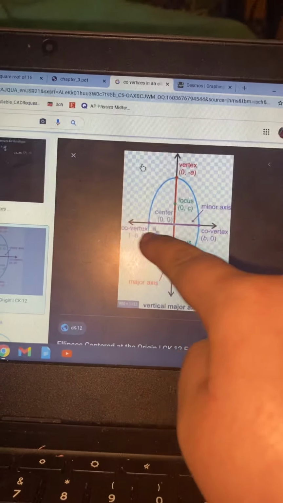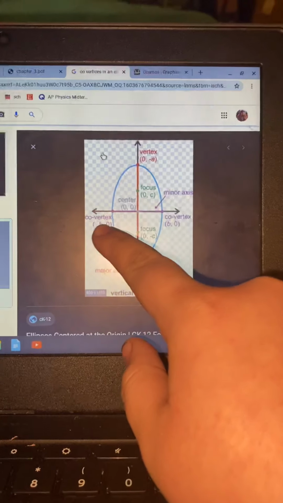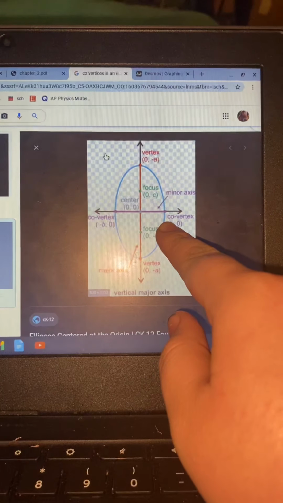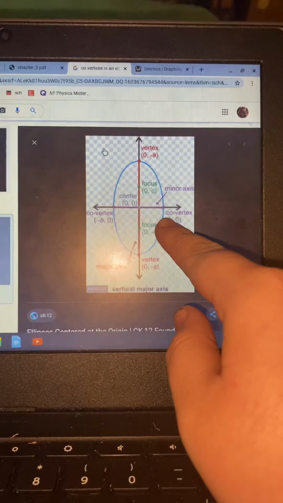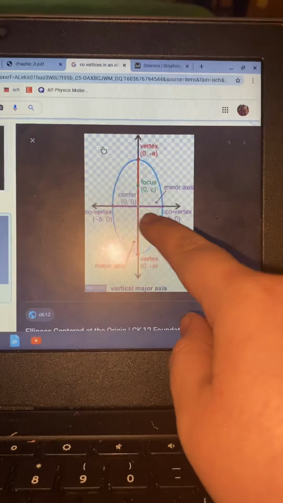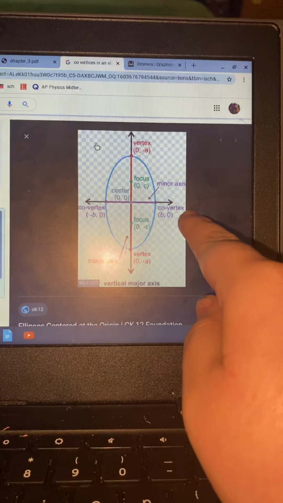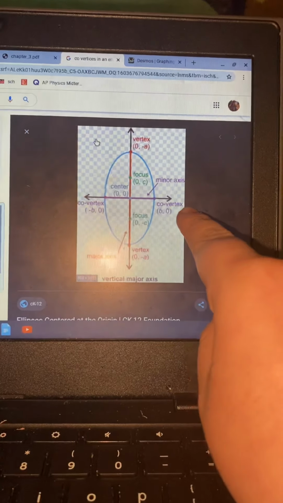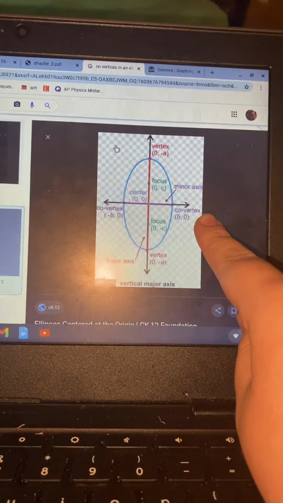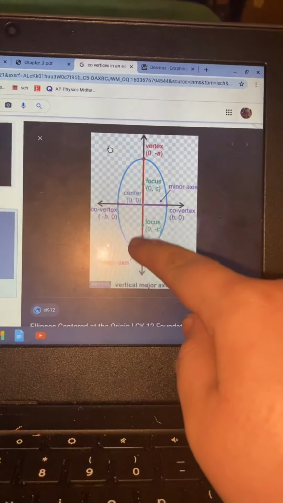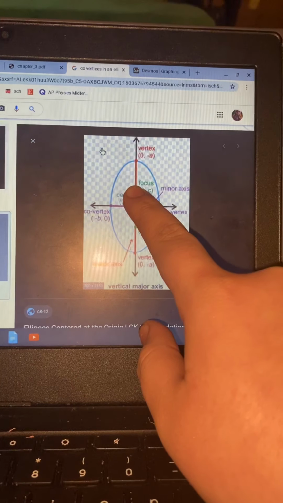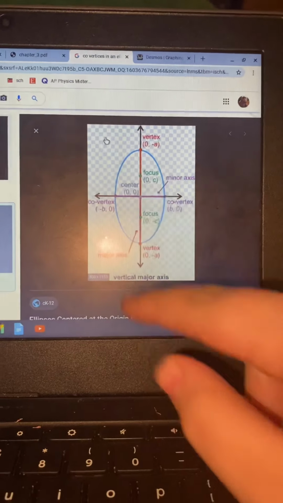The minor axis and the co-vertex are always going to be horizontal, and whatever that number is, it's going to be the smaller number out of the bunch, which I'll show you in a second. And then the major axis and the vertex are always going to be vertical, going up and down, because it's the bigger.